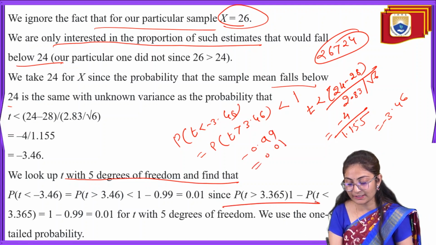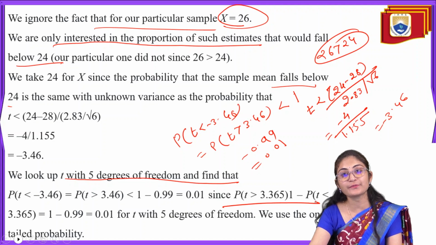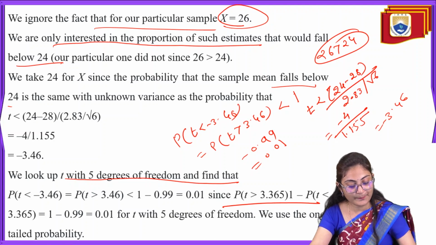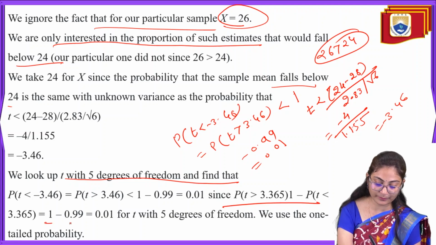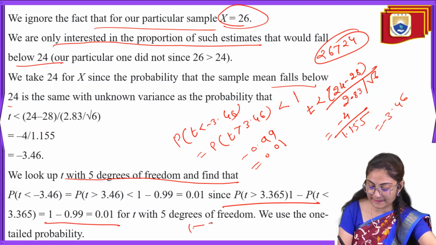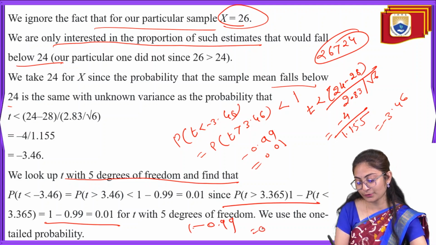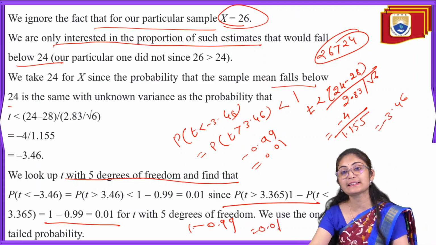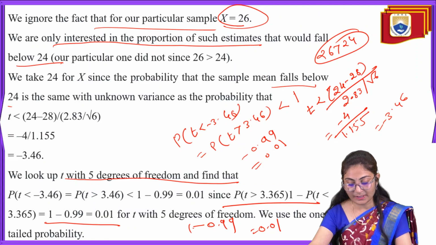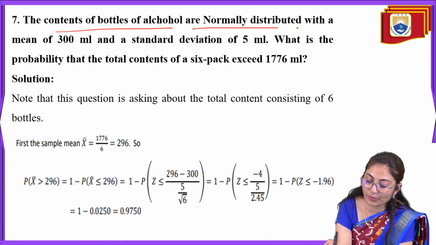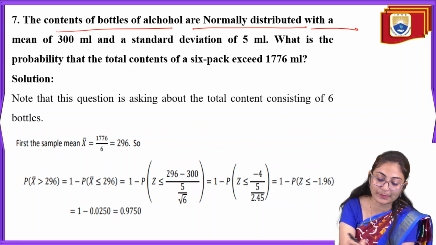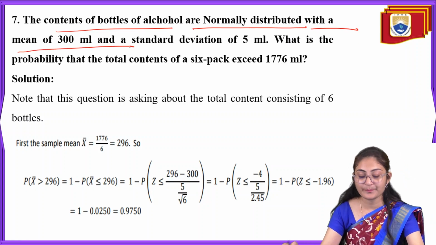Since P of t greater than 3.365 is 1 minus P of t less than 3.365, which is 1 minus 0.99, you will get 0.01 with 5 degrees of freedom, and so we use the one-tailed probability here.